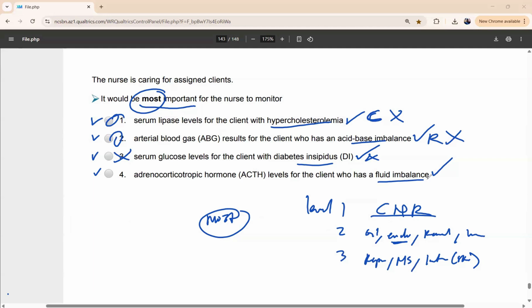Fluid imbalance, right, can affect what? If you have fluid imbalance, I don't know what kind of fluid imbalance it might be. Maybe the patient's fluid is overloaded, or maybe less. Overload can be a problem, less can also be a problem, related to these 3 big body systems.